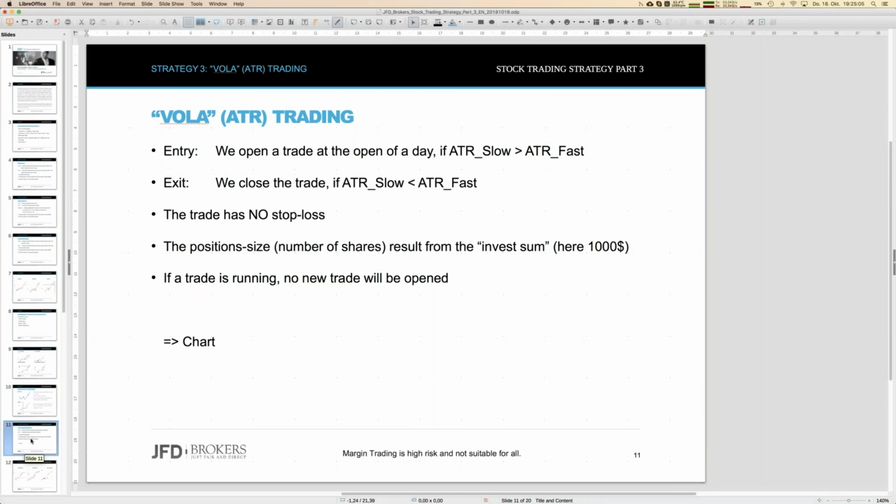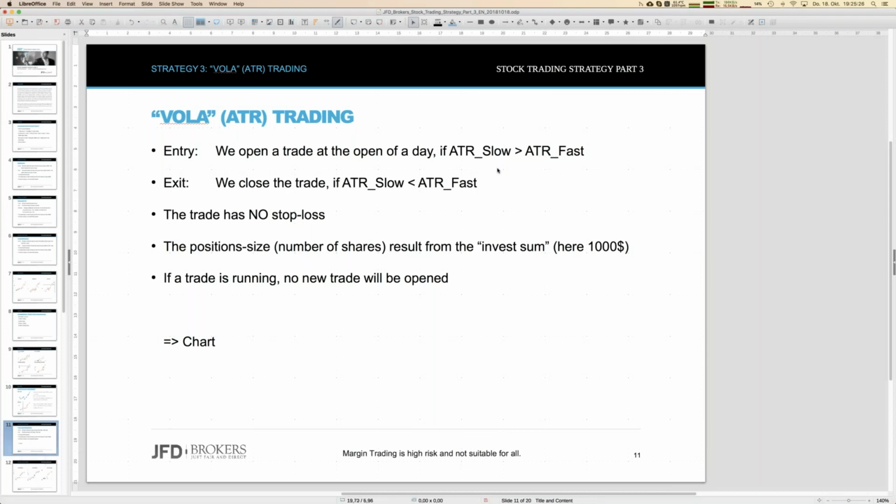Now my problem: what is high and what is low? It's easy to say terms like that, but we have to measure it because we want to have a strategy based on fixed rules. And therefore I said, okay, why not go for 2 ATRs?